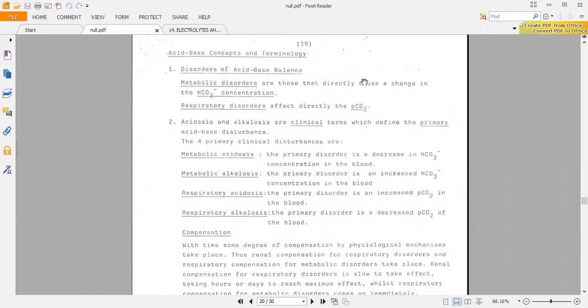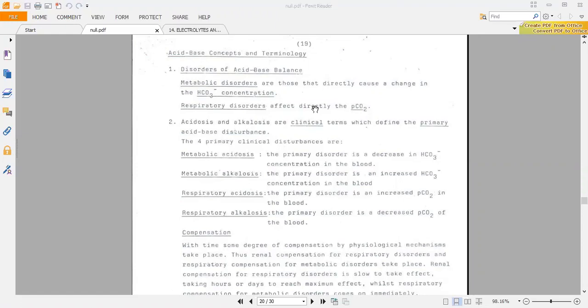Okay, so the direct effects: I'm saying that the respiratory disorders affect the partial pressure of carbon dioxide directly. It's a direct cause. Okay, it affects it directly.